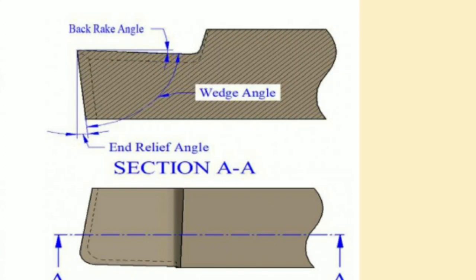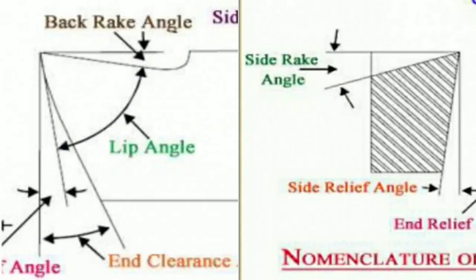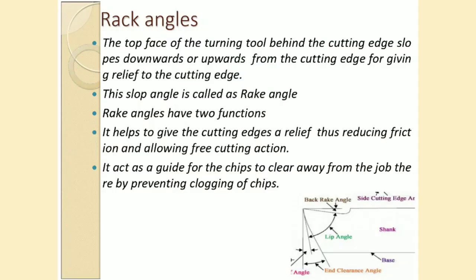Next, rake angle. The top face of the turning tool behind the cutting edge slopes downward or upward from the cutting edge for giving relief to the cutting edge. This slope is called rake angle. It is given to the tool for two purposes. The first is to give relief to the cutting edge, reducing friction and allowing free cutting action.